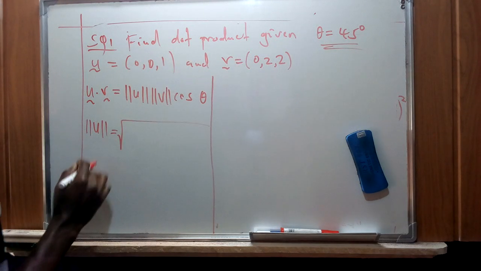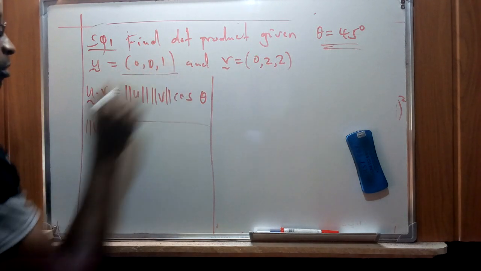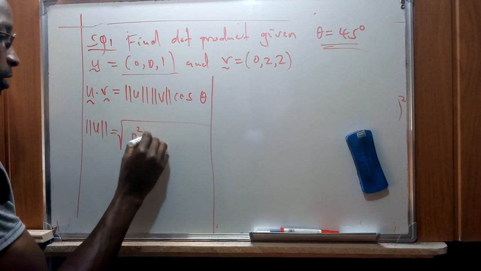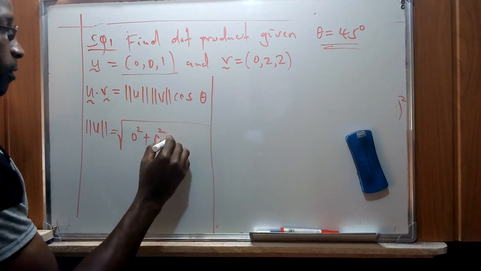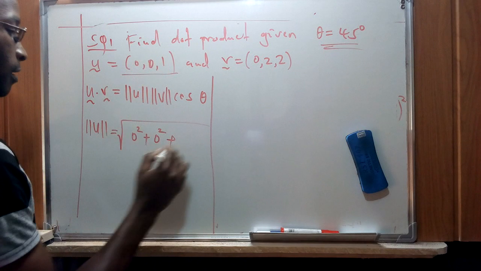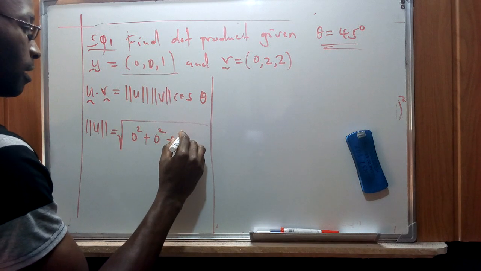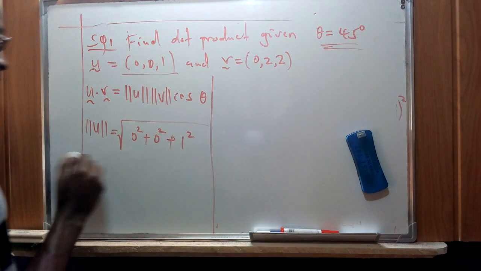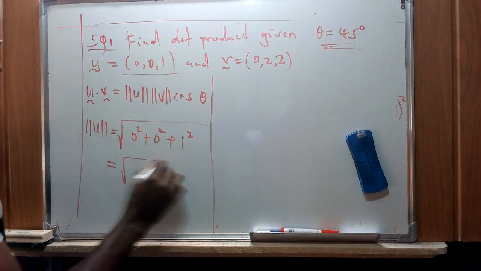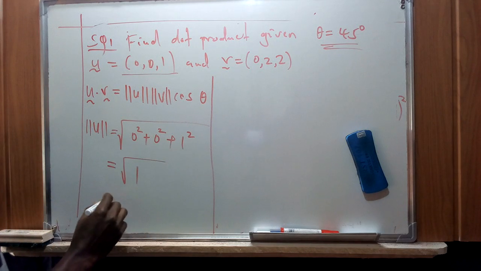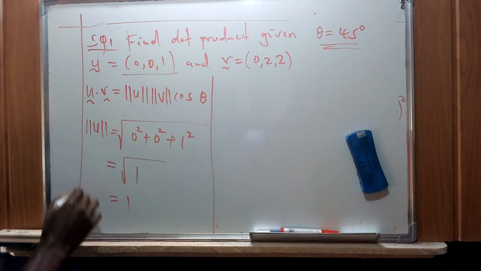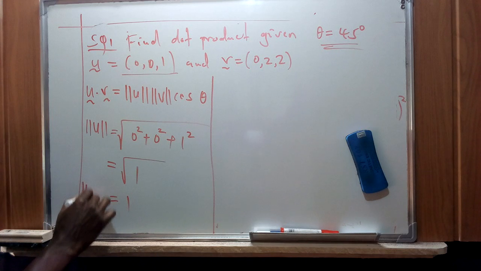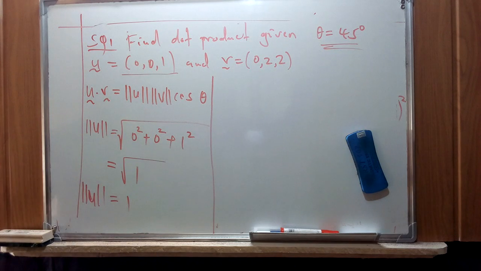This is in a three-dimensional space, so we use these components: the square of 0 plus the square of 0 plus the square of 1. So the norm for u is the square root of 1, which is 1.